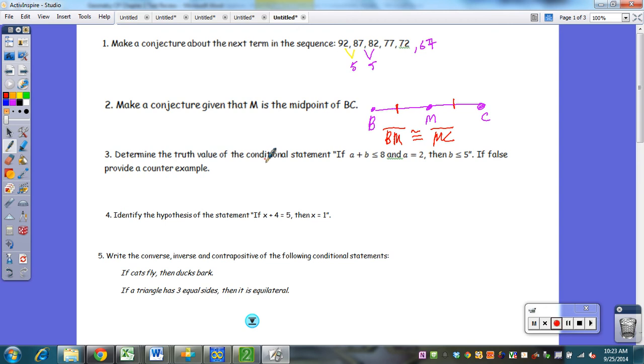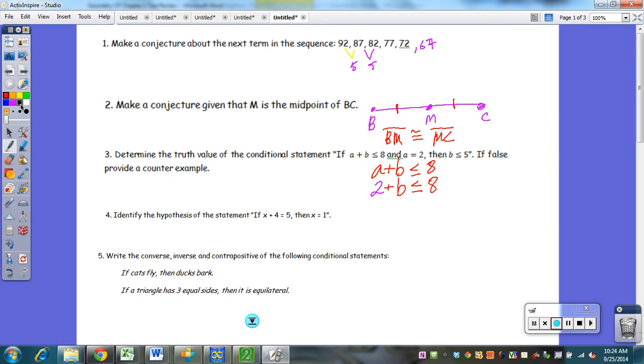So determine the truth value of the conditional statement: if A plus B is less than or equal to 8 and A equals 2, then B is less than or equal to 5. So again, we're just starting off here with saying A plus B is less than or equal to 8. However, we're being told that A equals 2, but we still have plus B is less than or equal to 8.